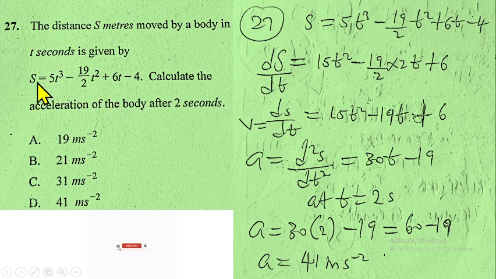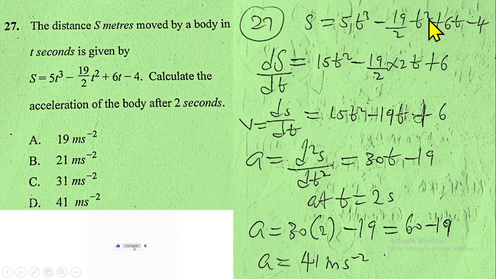If you differentiate distance with time, we get velocity. So differentiating s with respect to t, 3 comes down, you have 15, then remove 1 from the power, that gives us 15t squared.